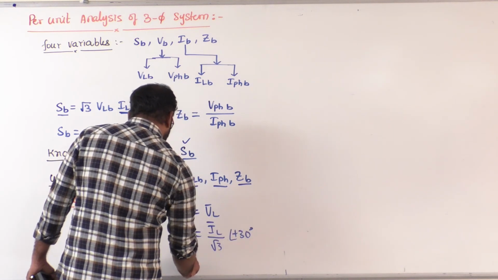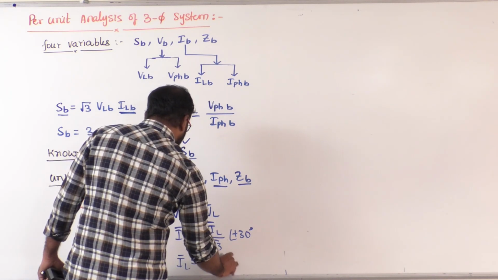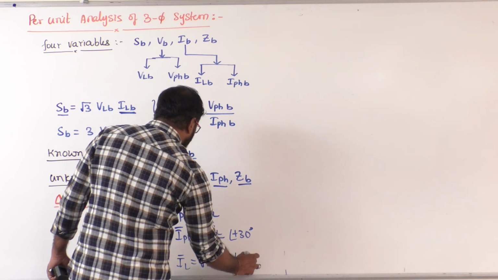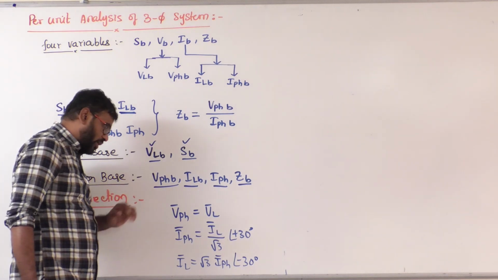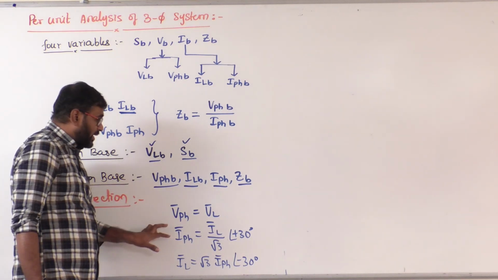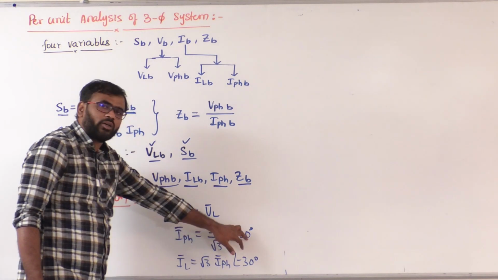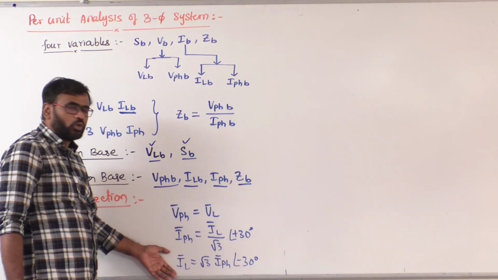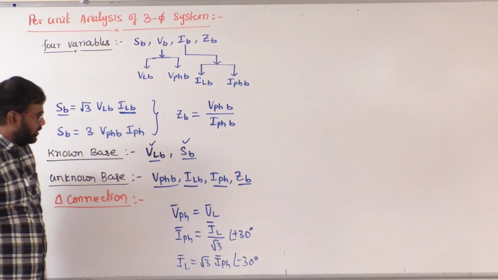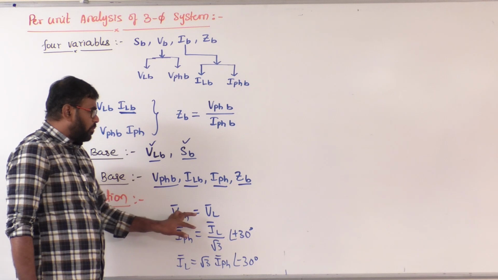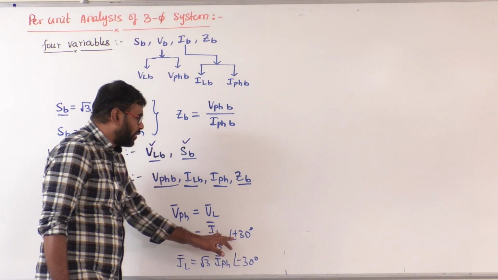Otherwise, I line equals root 3 into I phase at an angle minus 30 degrees. That means the actual line voltage and phase voltage are the same, but the phase current is the line current by root 3 at an angle plus 30 degrees. The magnitude of the phase current is the magnitude of the line current by root 3, and phase current leads the line current by 30 degrees.